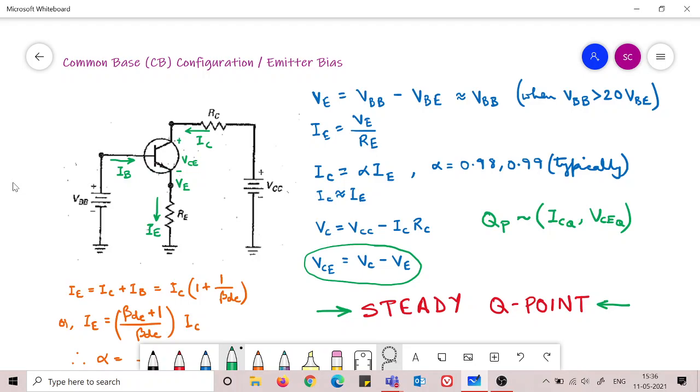So if your RE is quite large, the changes in VBB do not change IE so much, and IC also does not change so much because IC is approximately equal to IE. So IC, the output side current, is not affected so much by changes in the input side voltage VBB.